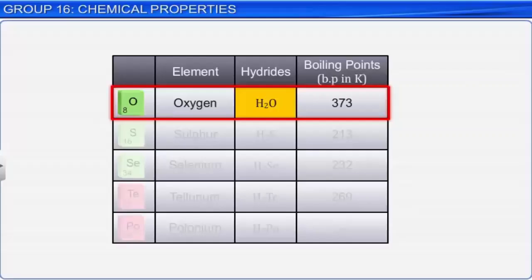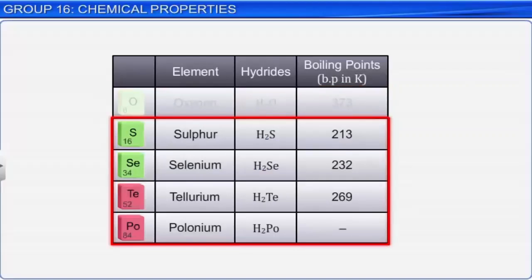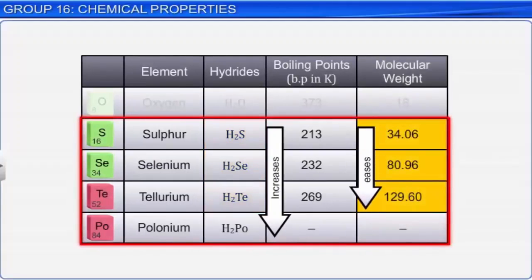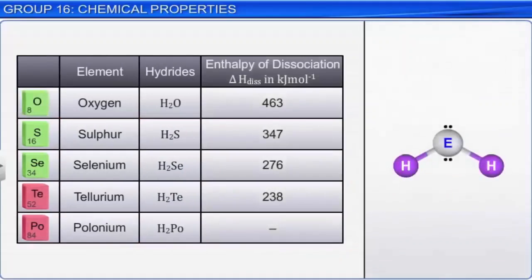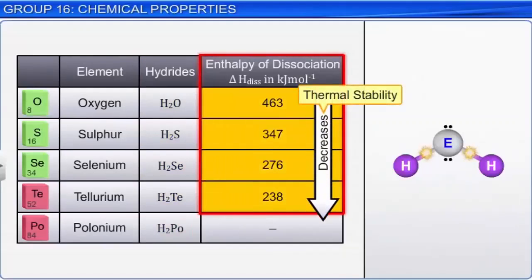On moving down the group, the boiling point increases from hydrogen sulfide to hydrogen telluride because of the increase in molecular weight. The thermal stability of these hydrides decreases with a decrease in the bond dissociation enthalpy of the H-E bond from H2O to H2Te.